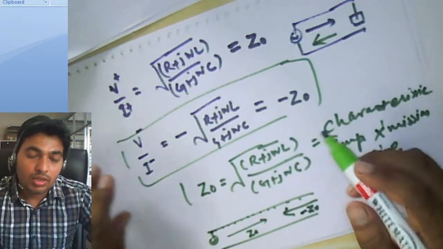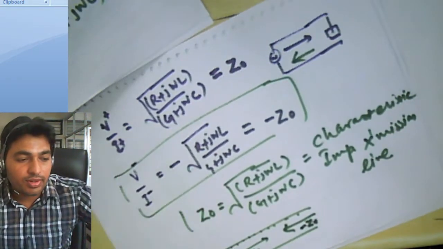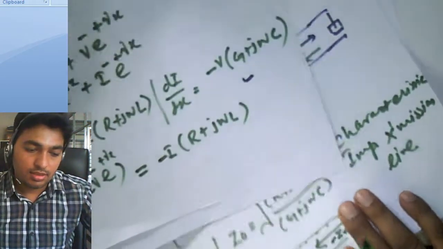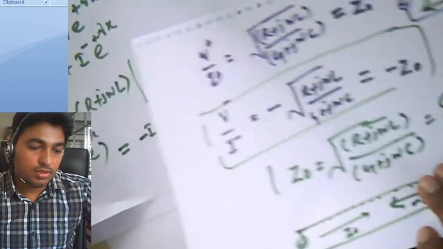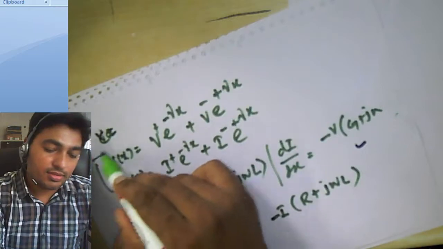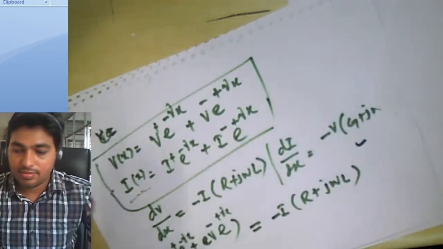Now moving on to the next thing, we found out the voltage and current relation. Next is, okay, so this is now our prime equation. We'll solve this equation.